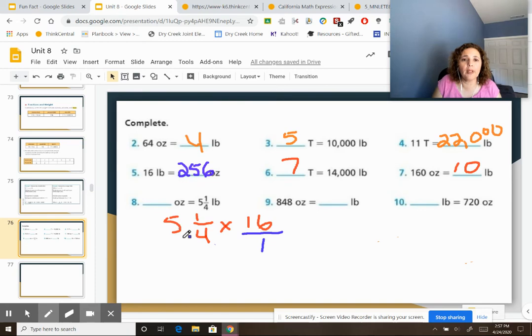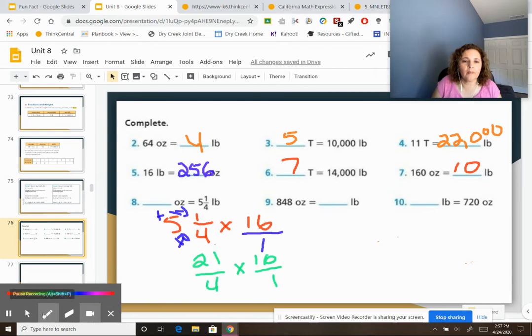So remember, I multiply these two together, and then I'm going to add this over here, okay? My pen's a little bit delayed, so it looks kind of weird, okay? 5 times 4 is 20, plus 1 is 21, so it's going to be 21 over 4. Okay, so I have 21 over 4 times 16 over 1.